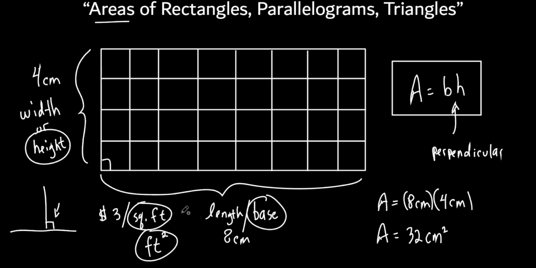You ever hear that before? Yeah, you've heard that. So you could put SQ, but really mathematically, we're going to put feet squared or miles squared or centimeters squared. It's very important that you include the units. Everybody see that? So area is always something squared. All right, enough of that.